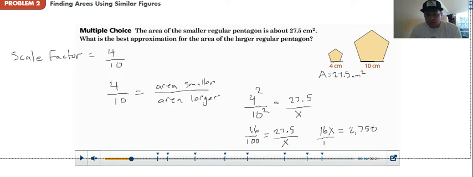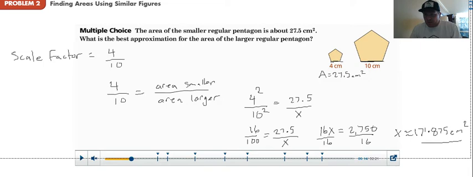Then I'm going to divide both sides by 16, and so x, and we're talking about approximation, is 2,750 divided by 16, and this is going to give me approximately 171.875. We're talking about square centimeters.